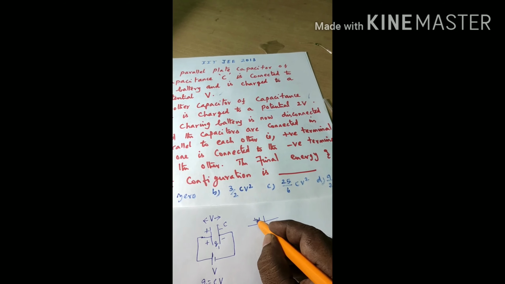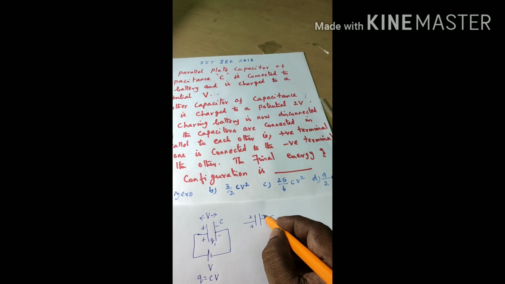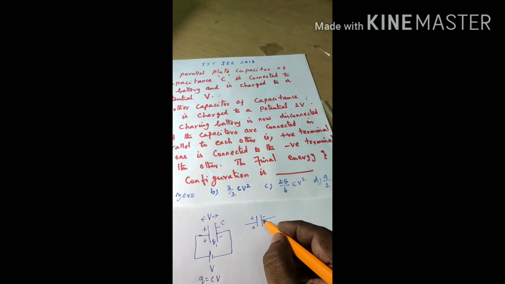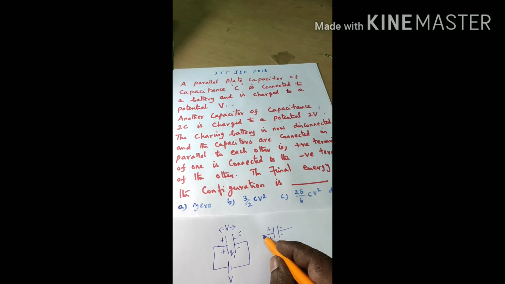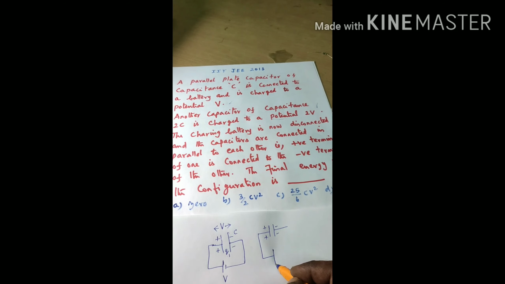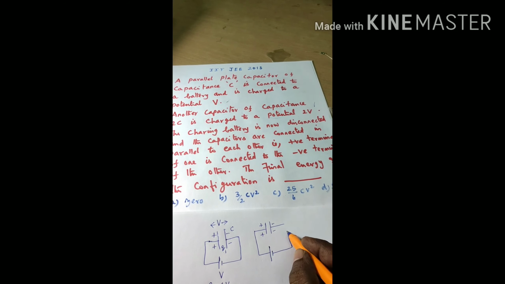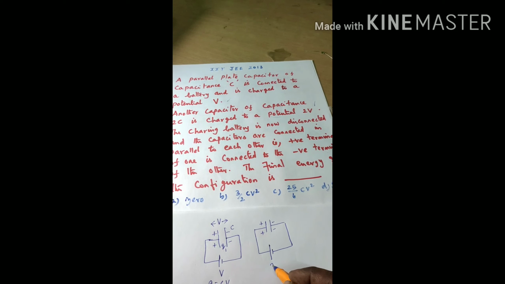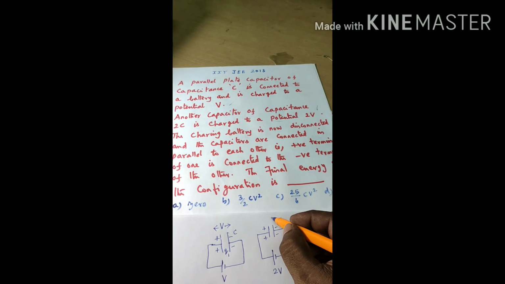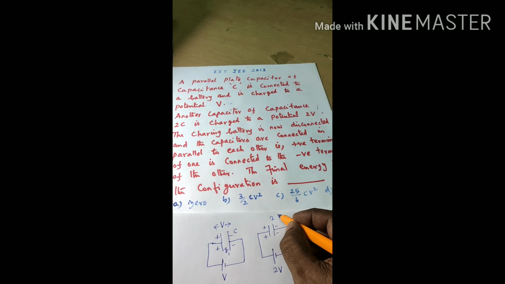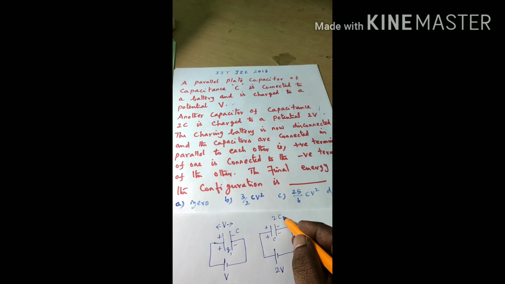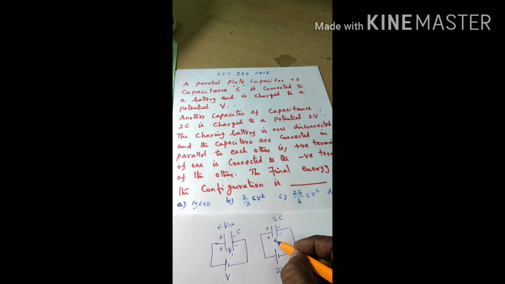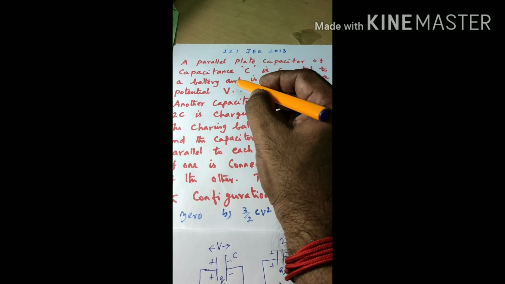In the same manner, this is positive charge and this is negative charge. Both plates are equally charged. This is connected to the battery of potential difference 2V. Here the capacitance is 2C, and the charge stored here is Q2.